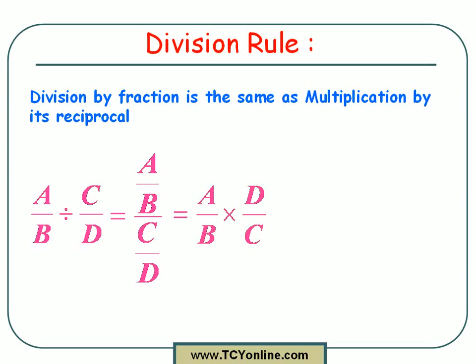So this can be written as a over b times d over c. Now simply multiply these two fractions. So a times d gives ad, while b times c gives bc. So our answer will be ad over bc.